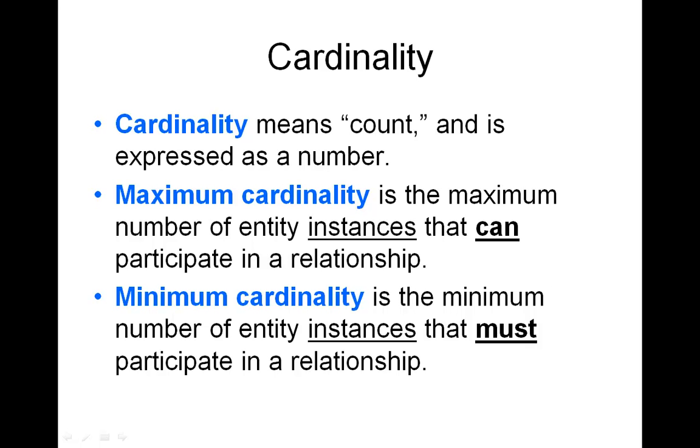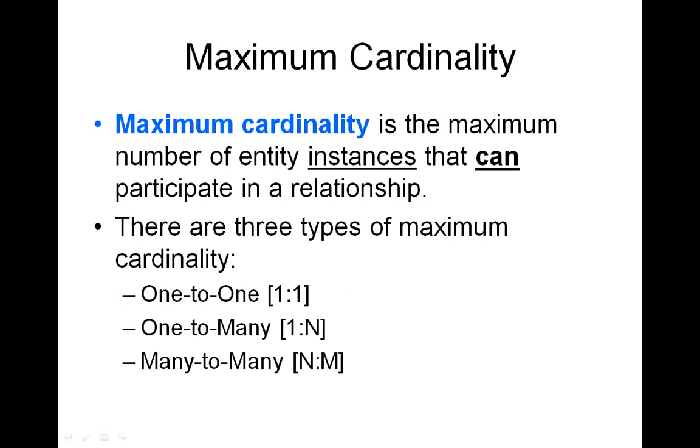There are three types of the maximum cardinality, and again, this is what we mentioned briefly in the chapter 1 lecture. We have a one-to-one relationship, one-to-many relationship, and many-to-many relationship. This figure shows different examples of maximum cardinality.